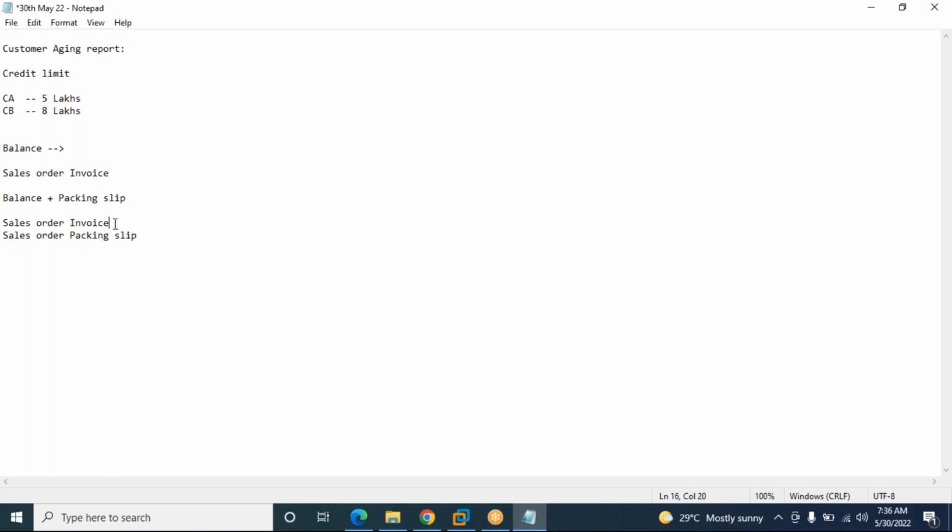This means open invoices and packing slips, whatever was dispatched to the customer but not invoiced, will also be considered for the calculation.